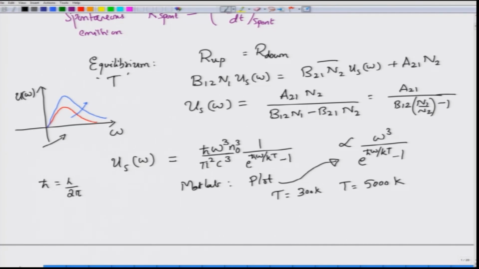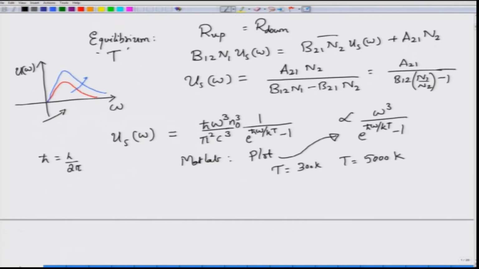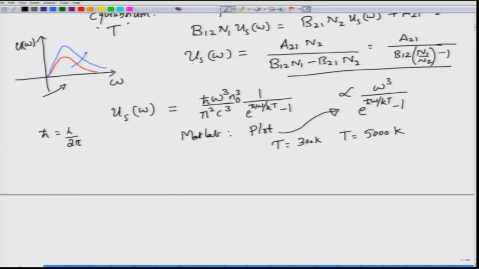Now, we have us of omega here, which we have written down, and we have a us of omega from this equation. So, obviously, I can relate the two, so I will equate them. If I do that, here it should be B12, and I forgot to put B21 here. So, I can take B21 as a common factor.